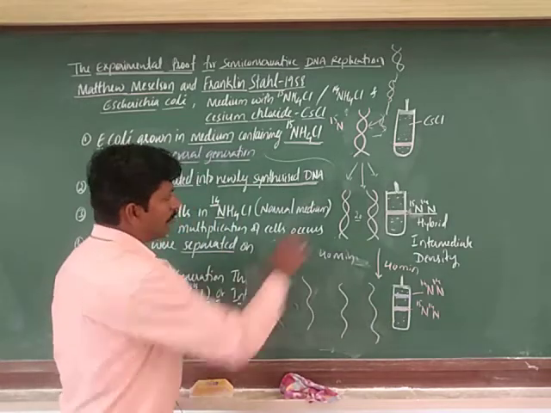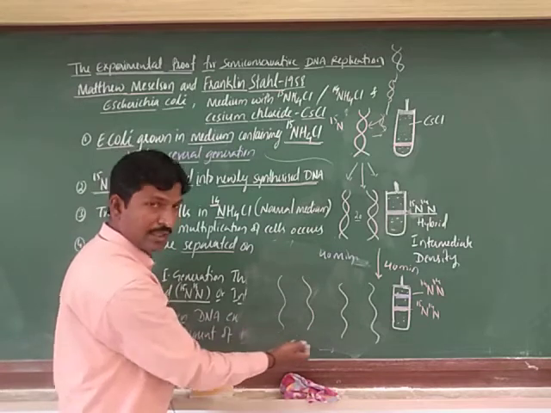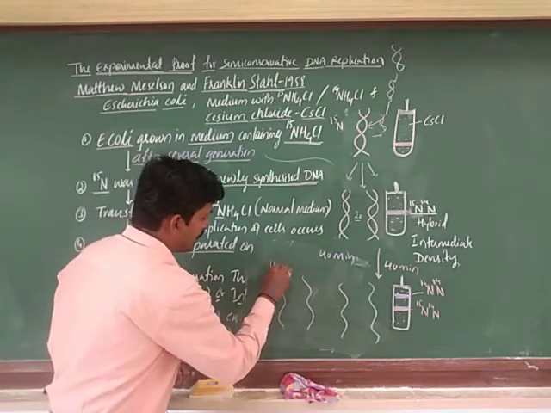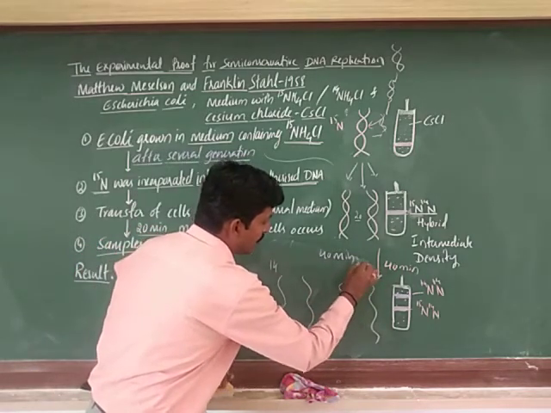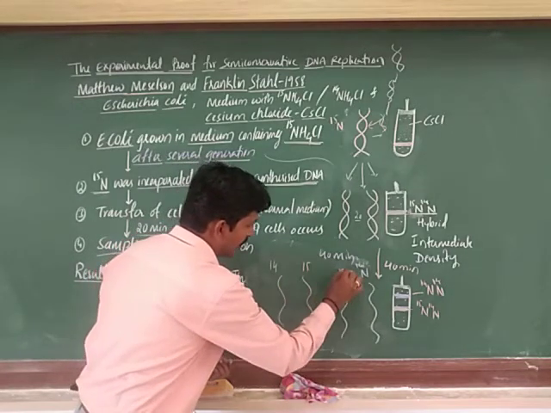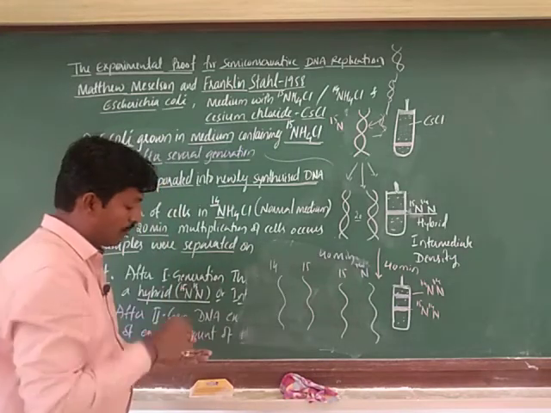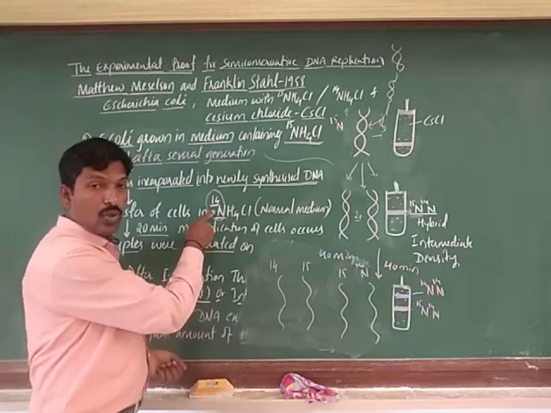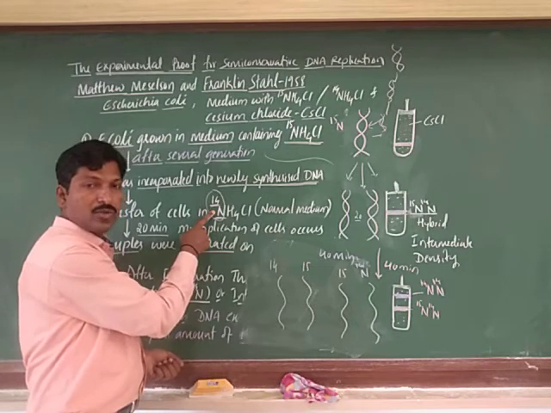These are from the parent strand, the second generation parental strands. So this is N14, this is also N14, this is N15, and this is also N15, right. What happens here? New strands are formed with normal nitrogen, developed in the normal medium, the medium containing normal nitrogen, not the heavy isotope.